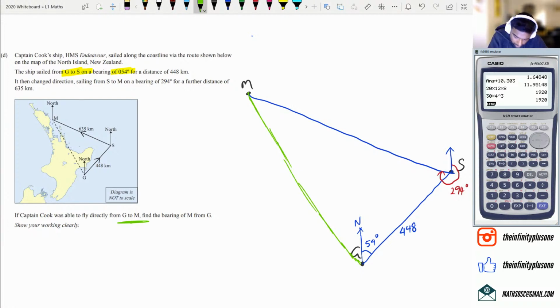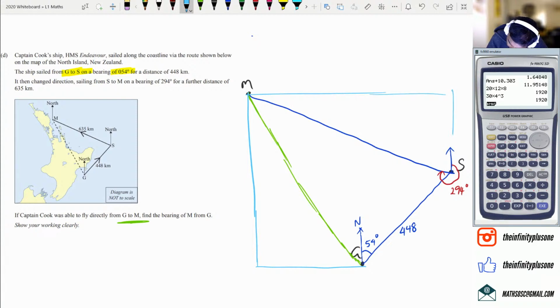I'm creating a big rectangle like this, and I know that when I create this, that's 90, that's 90, that's 90, and that's 90 degrees.